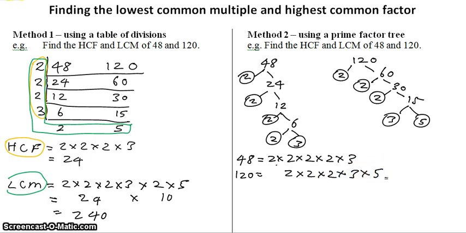Okay, alright. Now from here we're looking for highest common factor. So we're looking for common factors. Okay, well let's get the colours out again. Those two are common, they're the same there. So there's a 2 in each.